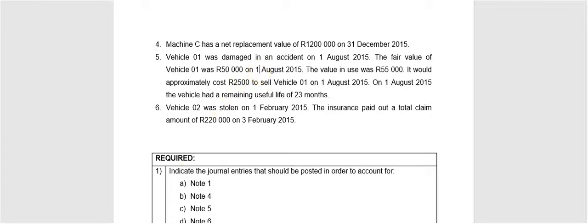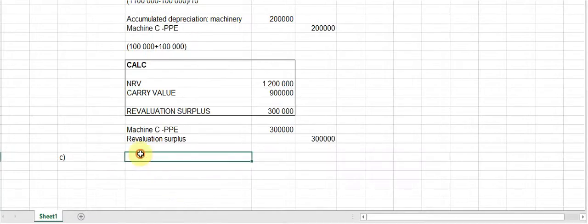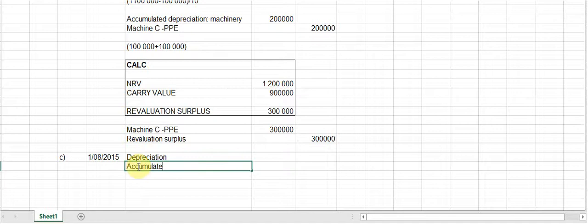Right, so if I look at calculations for note number 5, the first thing I need to do is on 1 August 2015, I need to recognize depreciation on this asset and also accumulated depreciation on vehicles.